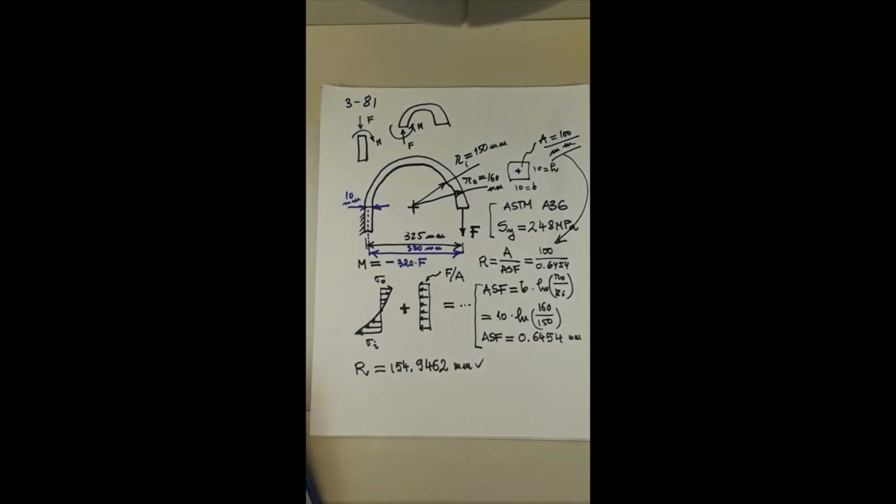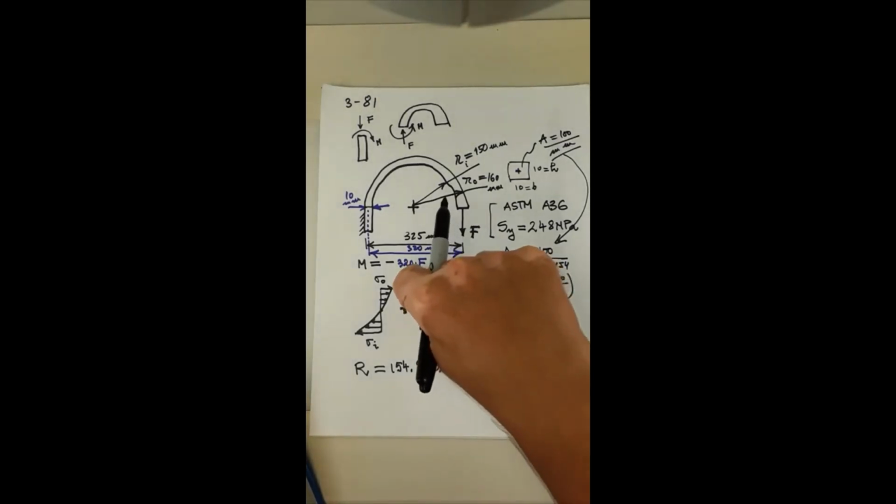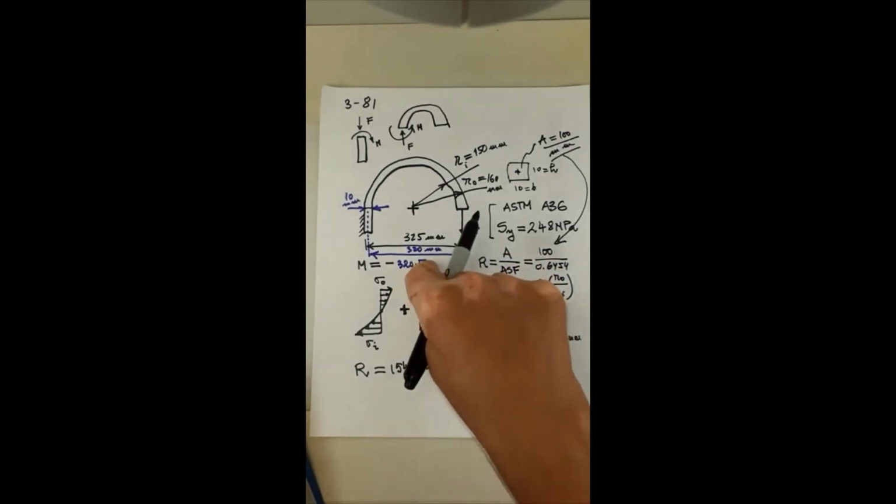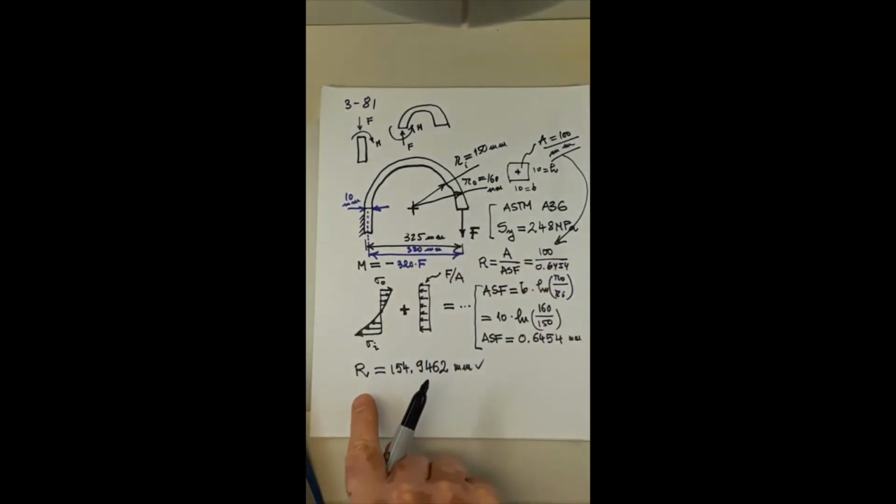Okay, so now that I have the moment as function of F, I have the capital R. I need also the centroidal radius, which occurs in these two equations.